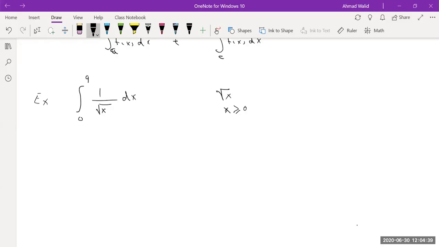It means your domain starts at a number greater than 0, any number greater than 0, for example, from 1 to infinity. If you plug in 0 here in the denominator, you see your fraction becomes undefined. Then your function is discontinuous at 0.